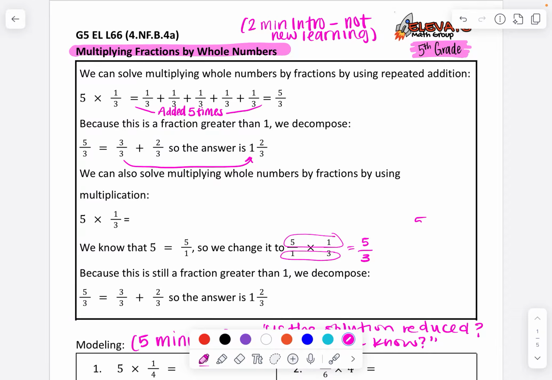And so 5 divided by 3, 3 goes into 5 one time. Take away the 3, there's 2 left over. Your quotient becomes your whole number. Your remainder becomes your numerator.